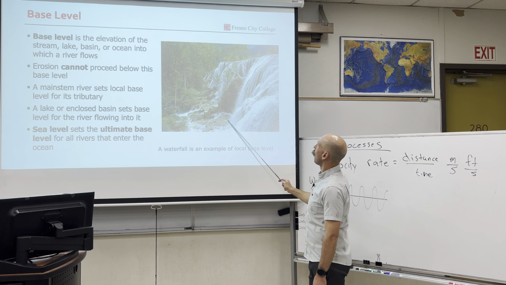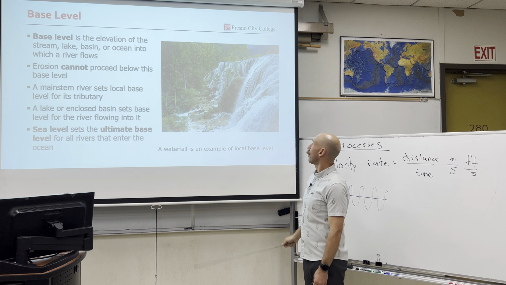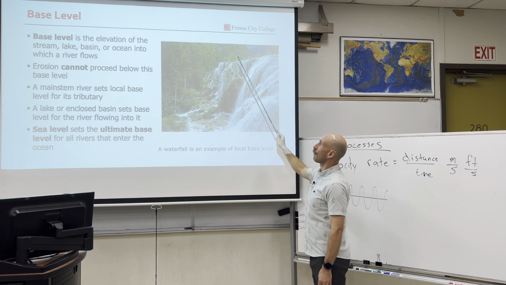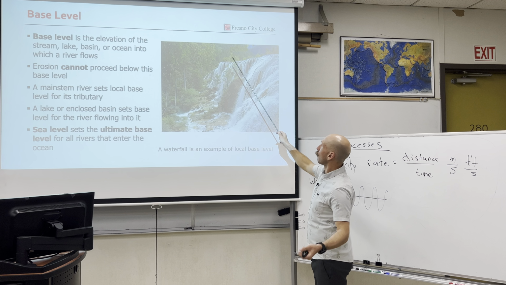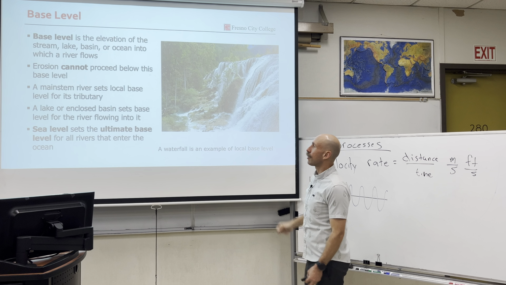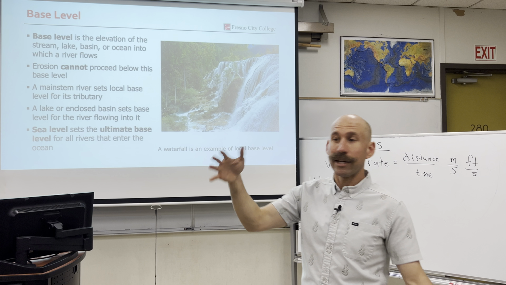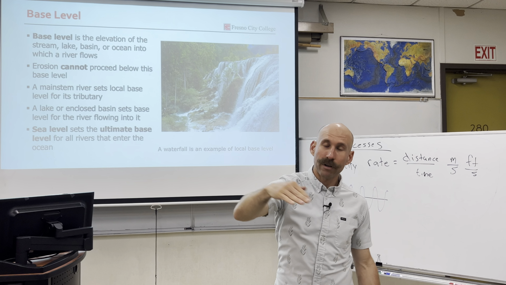This is a waterfall. In fluvial geomorphology, we call this a migrating nick point, because the river will adjust to these areas of localized base level where erosion cannot proceed below it. The ultimate base level, where erosion can't go any further in the entire world, is the ocean, because at sea level there's no more gradient.